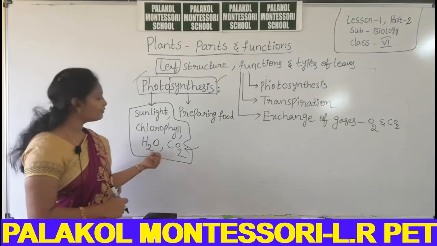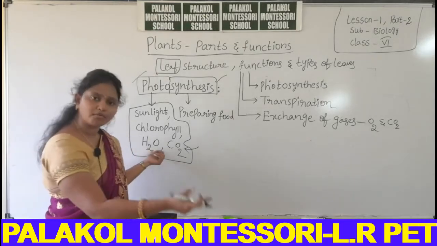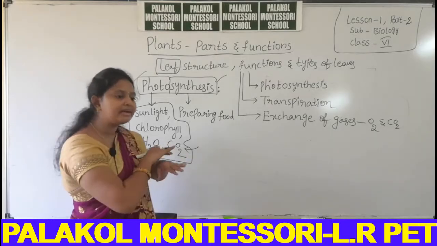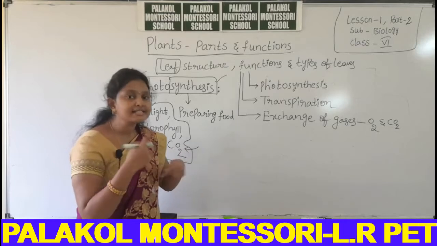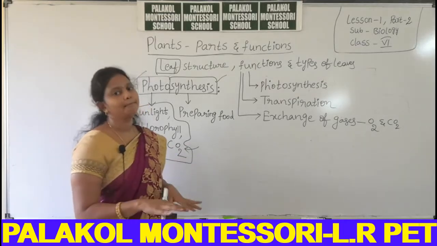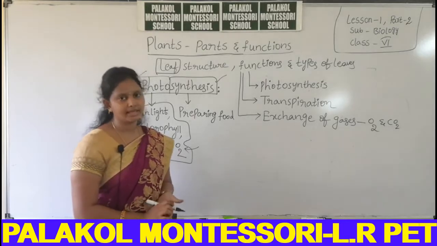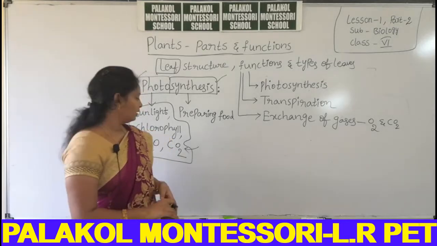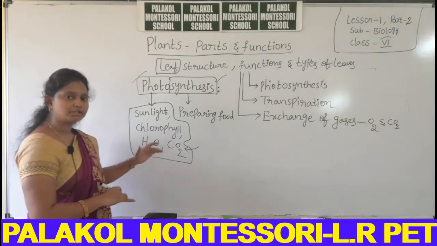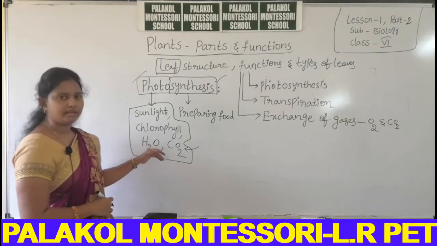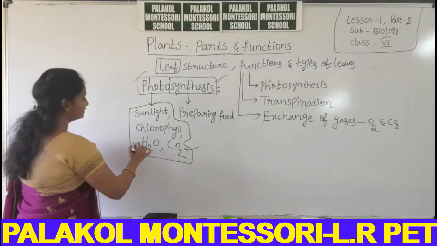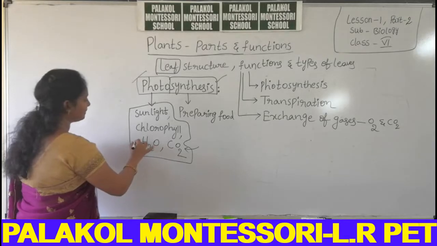Because if water is not provided, the plant body cannot synthesize its food. So there is no food, and the plant body will die off. That's why we must provide water, okay, to do the photosynthesis mechanism. That's the importance of water in the plant body.